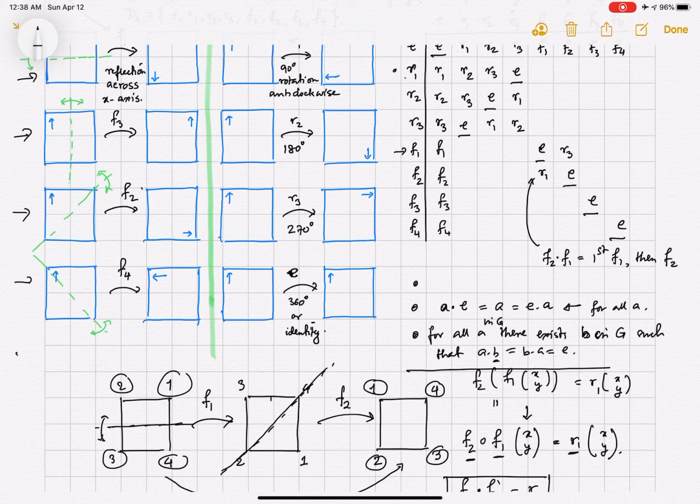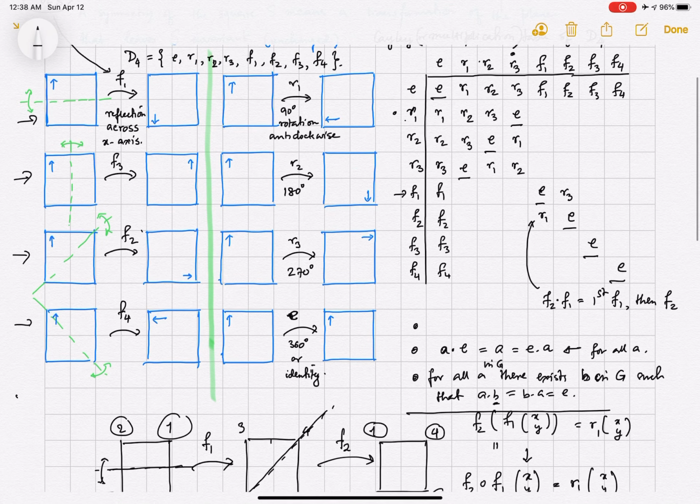And then the other one is basically function theoretic, it's some law that we already know for transformations, that A applied to B composed with C is the same as A composed with B, composed with C. And this just comes from the fact that these are, in this example at least, the elements of the group are transformations.